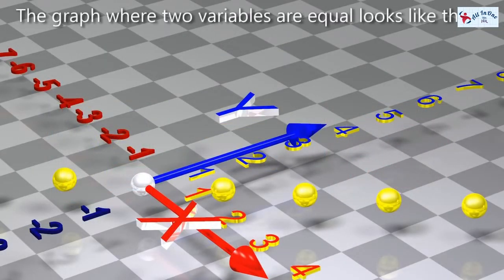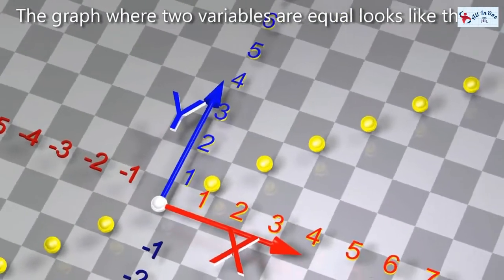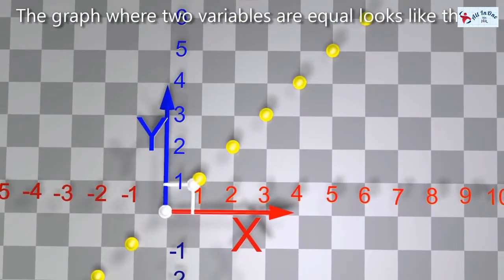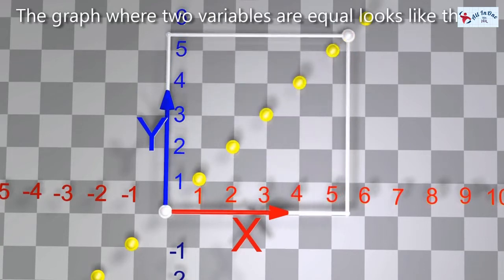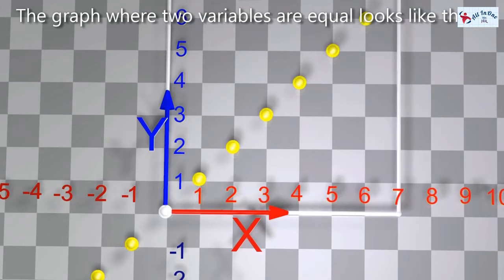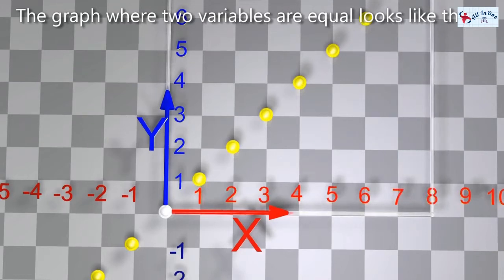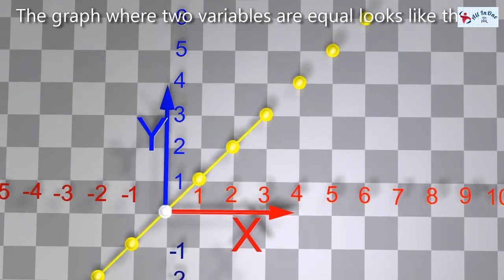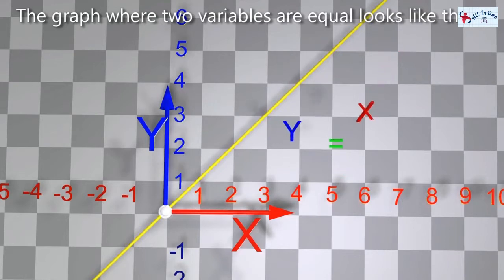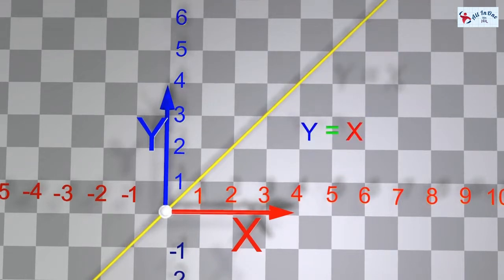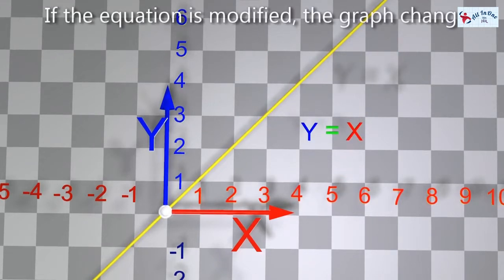The graph where two variables are equal looks like this. If the equation is modified, the graph changes.